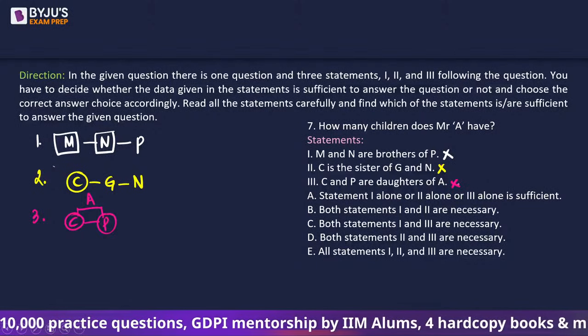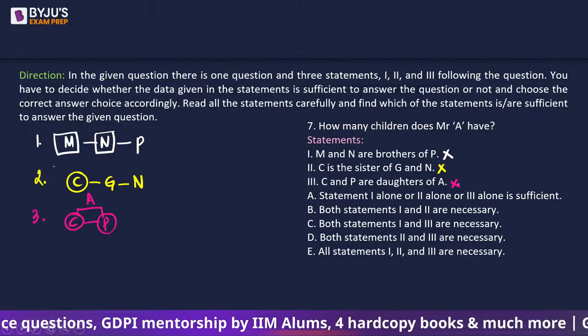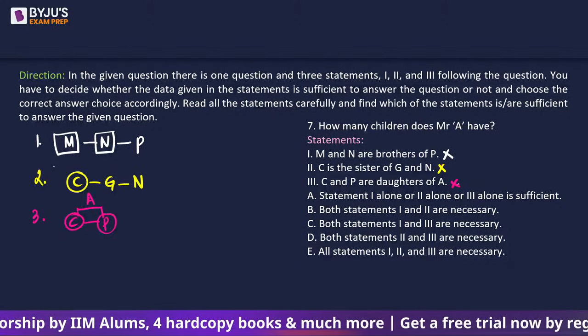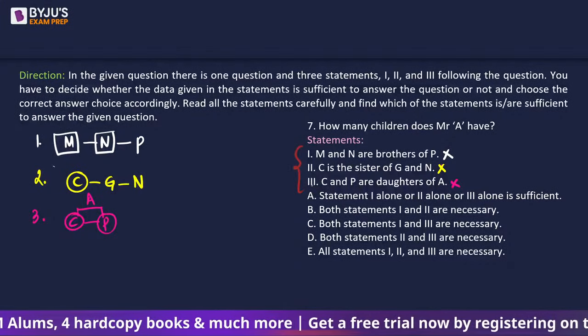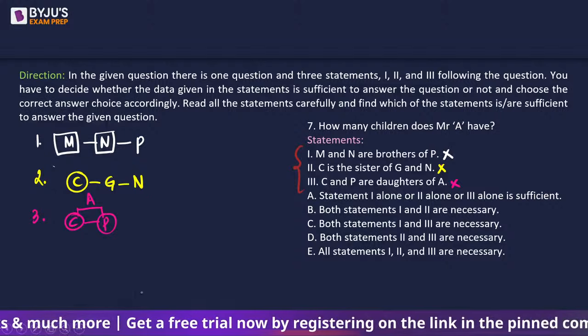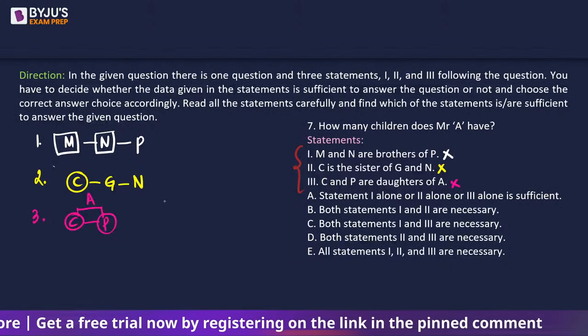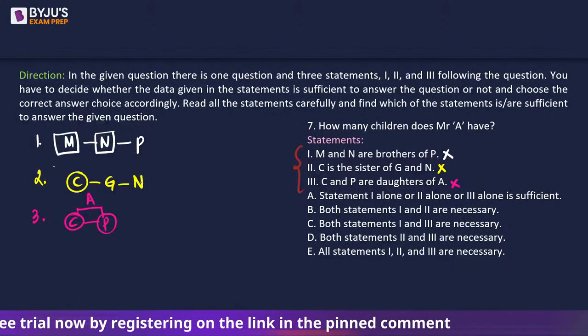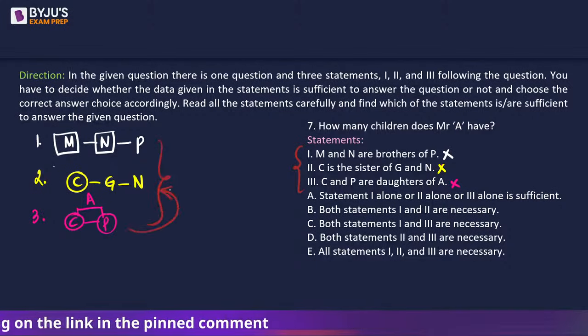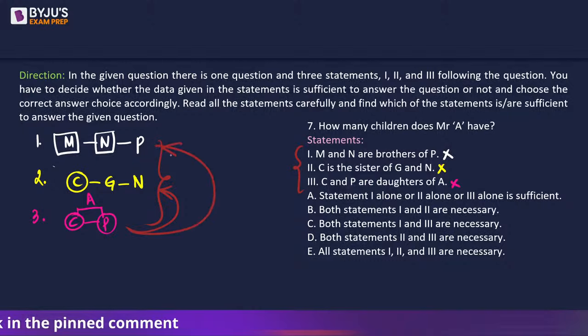Now what you'll have to do is quickly use a bit of common sense, right? Okay, if we combine all three, because if we combine any two, obviously we will not be able to get the answer. So we can see that these are the children, right? तो तीनों combine करके आना चाहिए या तीनों combine करके भी नहीं आना चाहिए.